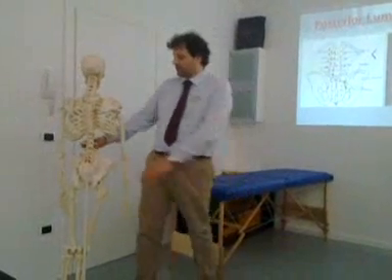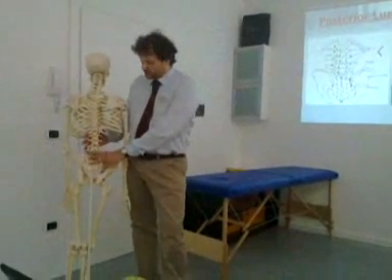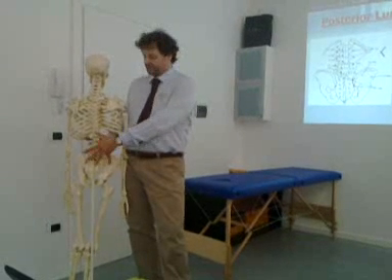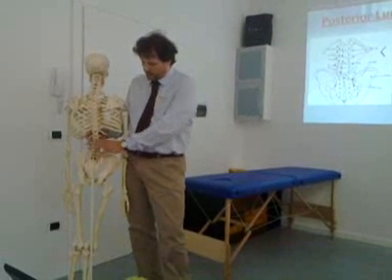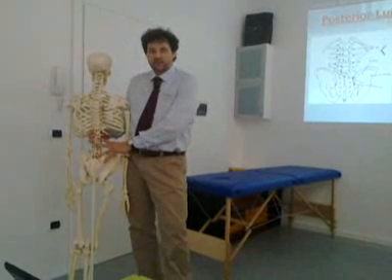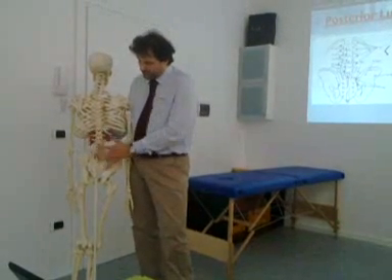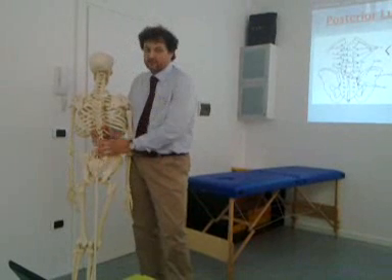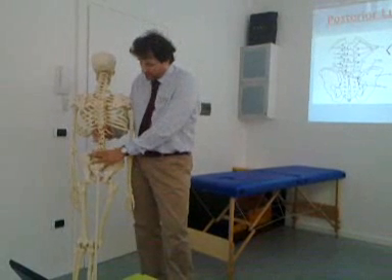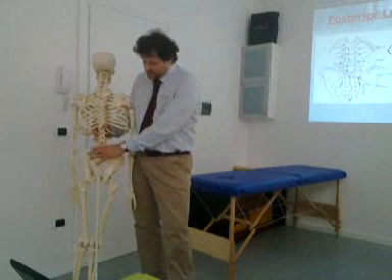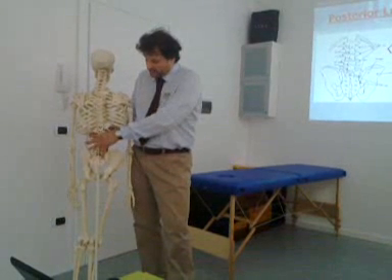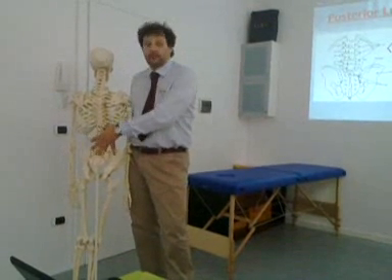Quadratus Lumborum tender points are very, very important in all herniated disc situations of the lumbar spine. Why? When there's a herniated disc, the reaction of the body is to tighten up all the muscles, so as to stabilize the column so that it doesn't move or shift. In this way, the body tries to protect.